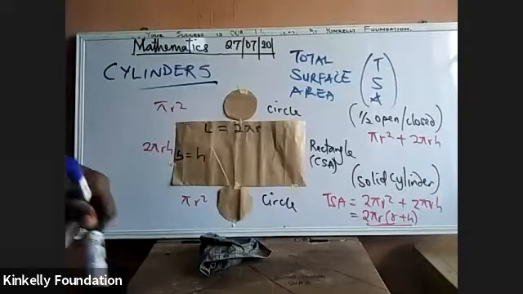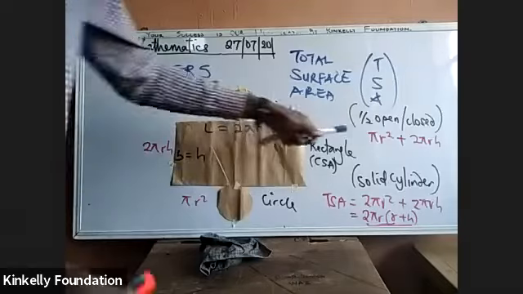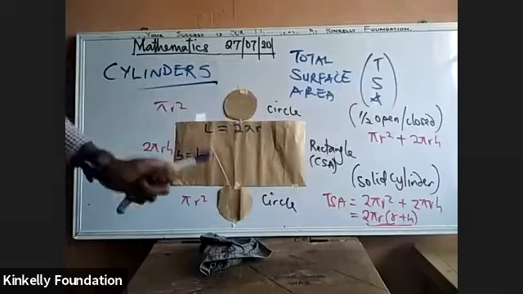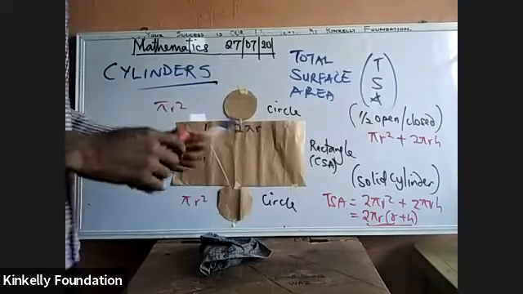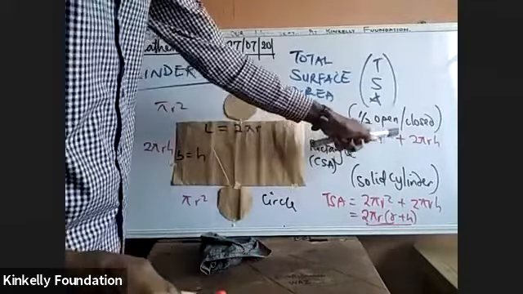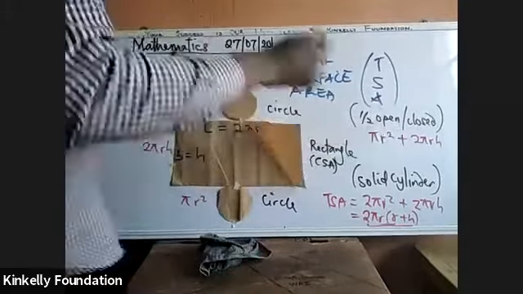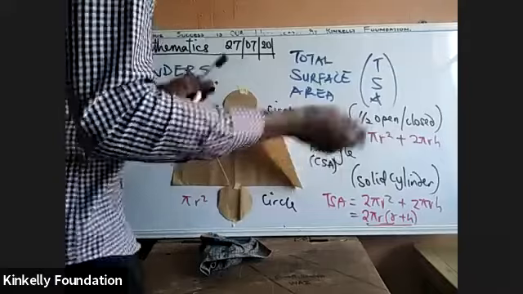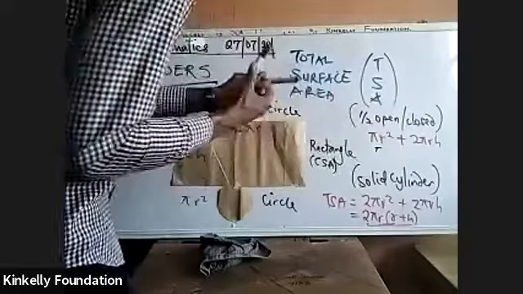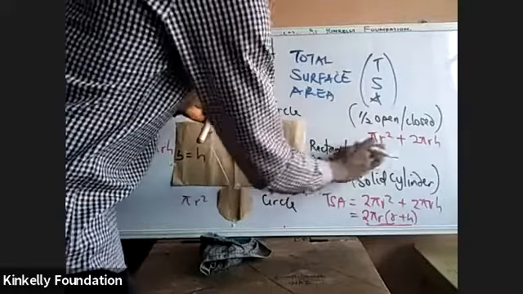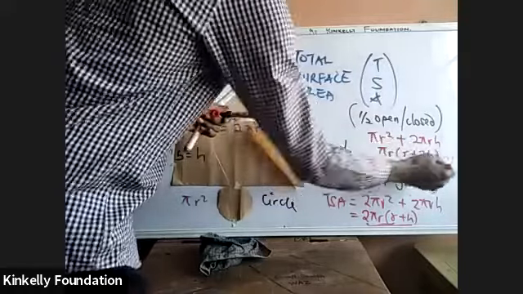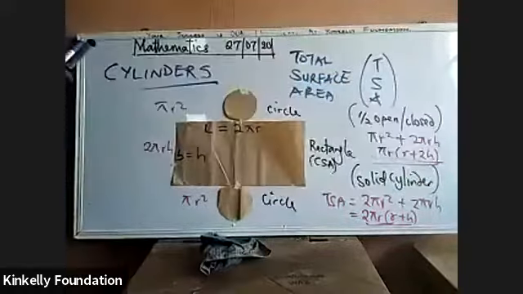For half open, that is the one that is open at one end, either here or here, it is pi r square plus 2 pi r h. If you want to factor it out, you can get something like pi r bracket r plus 2h.